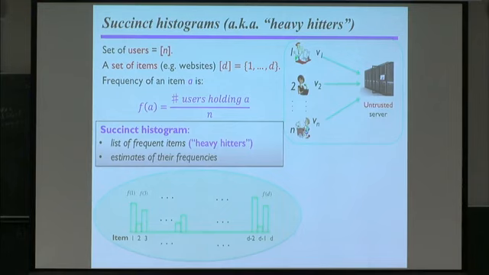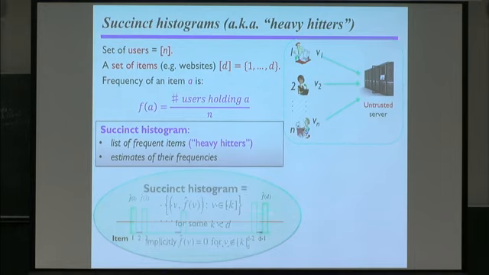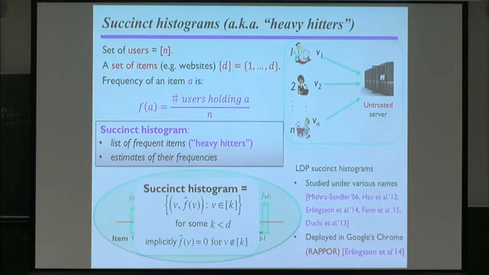If these are the true frequencies, they don't really care about the small frequencies. What they want are approximate versions of the big frequencies. So this is maintained as a list of items and approximate frequencies, and you want a list that captures the most frequent items. This has received a fair amount of study.